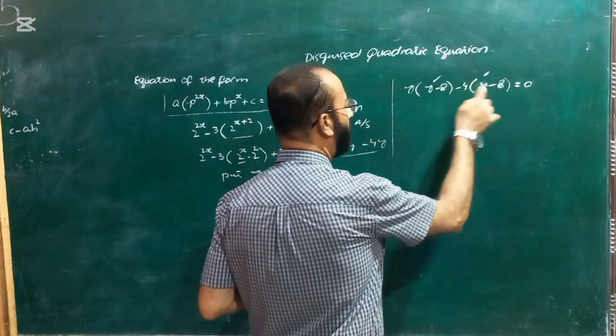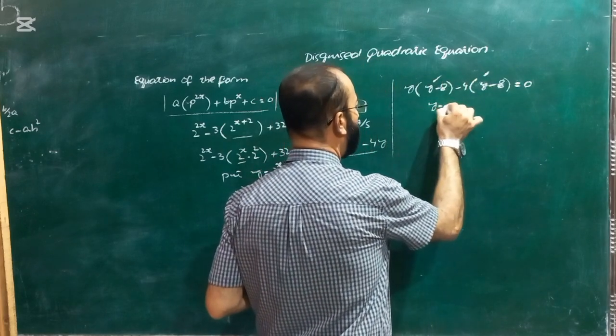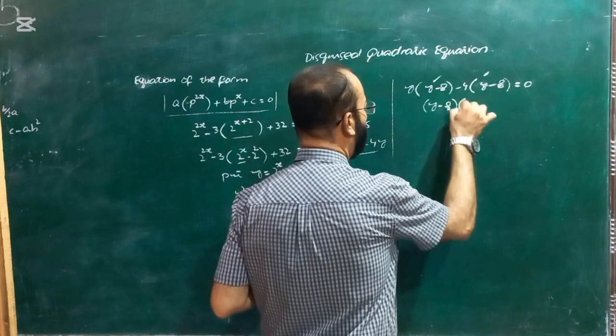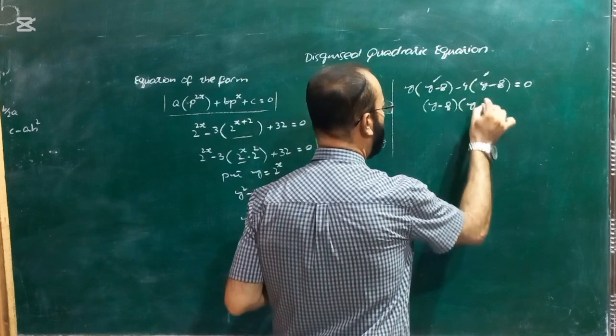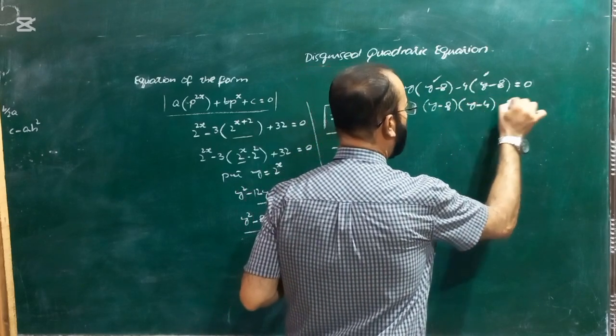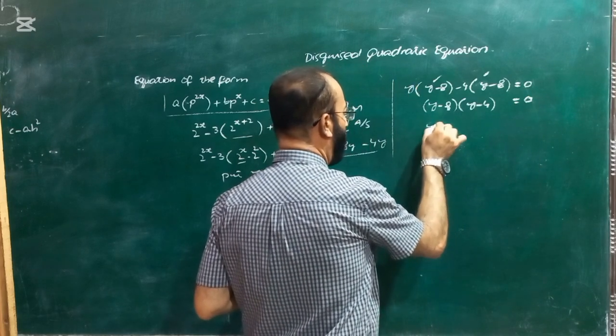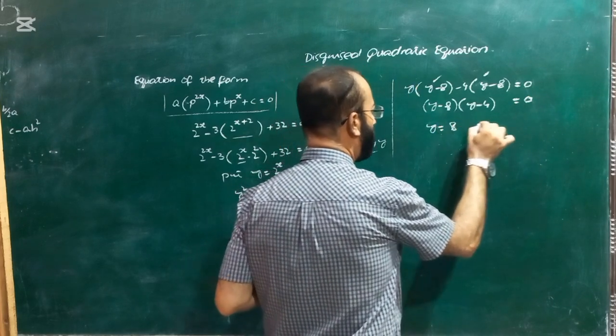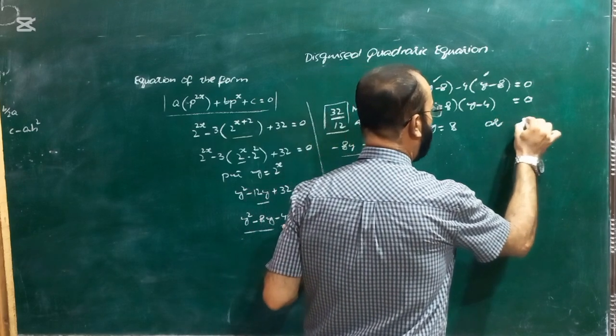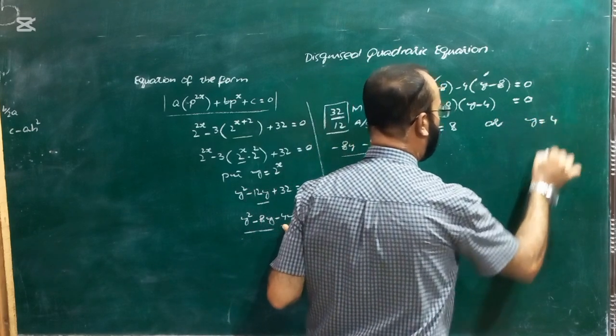Write one bracket out of these two common brackets, so y minus 8, and write the values outside the bracket in the second bracket, equal to 0 as it is. From here we can see y is equal to 8 or y is equal to 4.